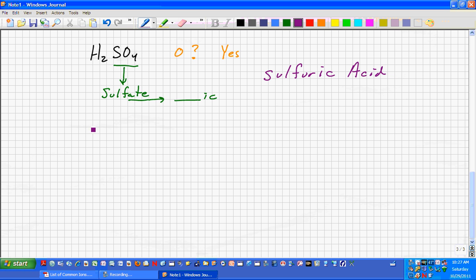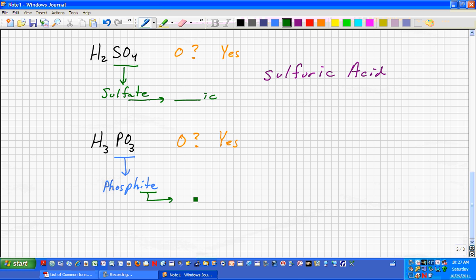Acid. If I had something like this, H3PO3. Again, oxygen. Yes. Means I need to look at this ion here. This is the phosphite ion.